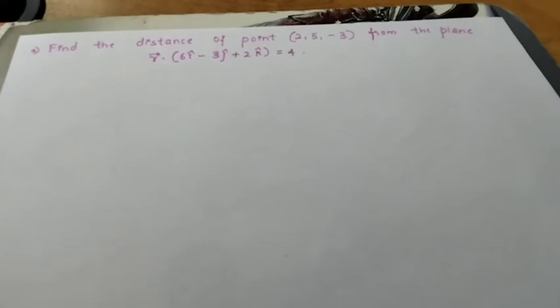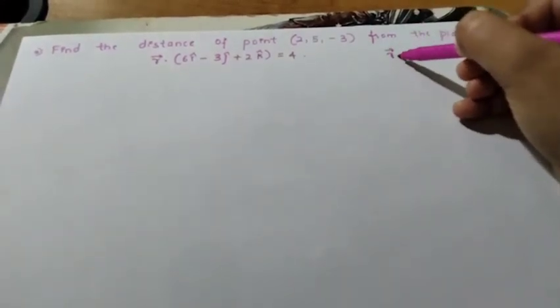Okay. So the last form I had explained was: find the distance of a point 2, 5, minus 3. A point is given, just like x1, y1, z1, from the plane, and the equation r dot n is equal to d is given. You should remember the equation of a plane.